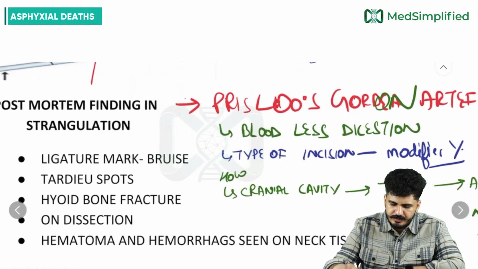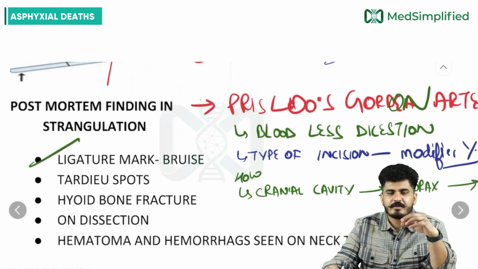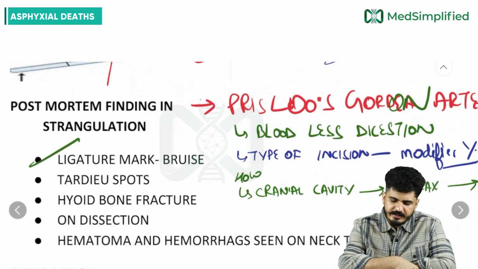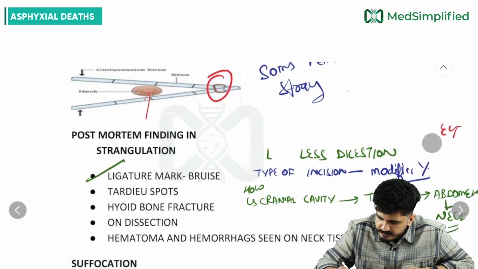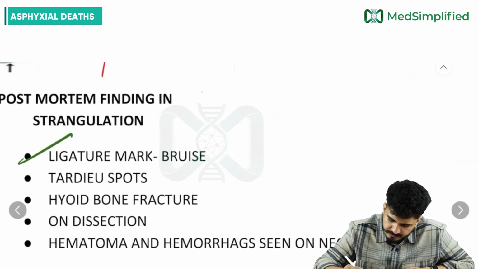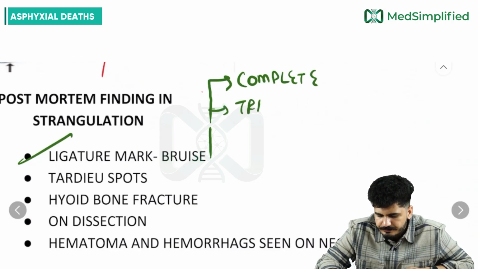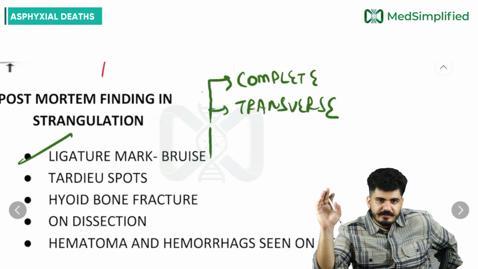Now what you are going to see first is the ligature mark. You will see the bruising right here, sir. That is the postmortem finding in strangulation. If some material is used for strangulation, a ligature mark is there. The ligature mark is complete and transverse, my dear friends.